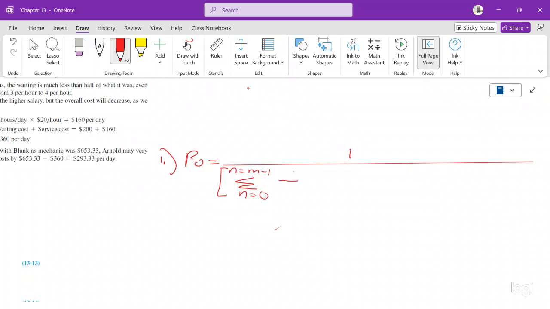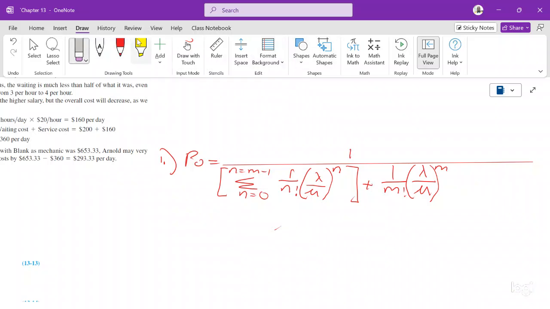Then 1 over n factorial, open bracket, the rate at which cars are coming over the rate at which they are being serviced, to the power n, close bracket, plus 1 over the number of channels factorial, and then m.